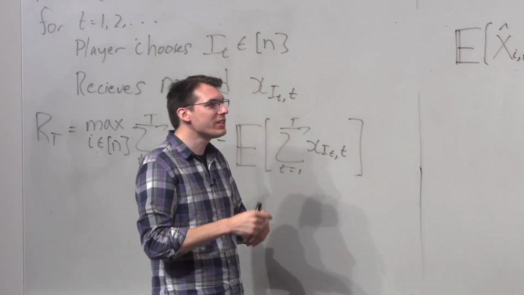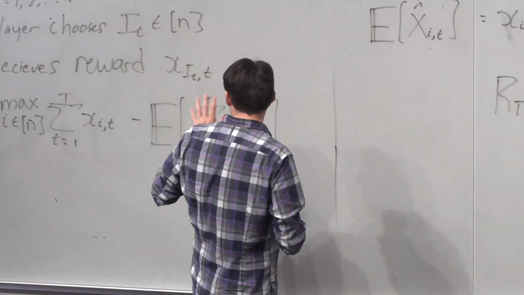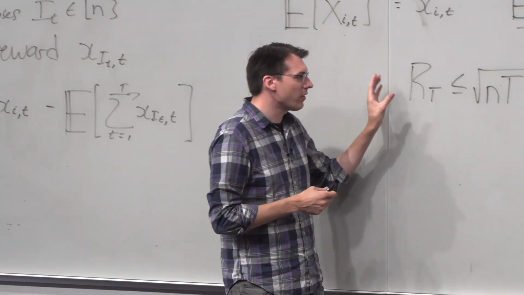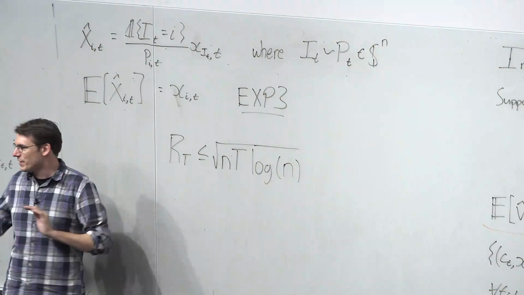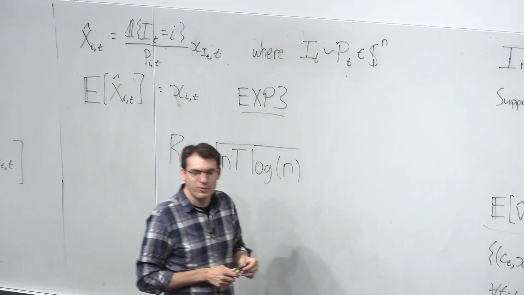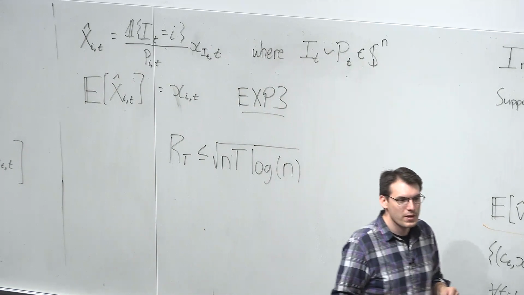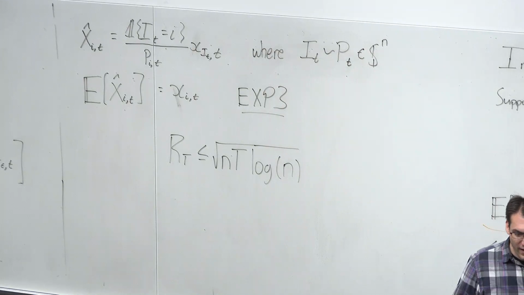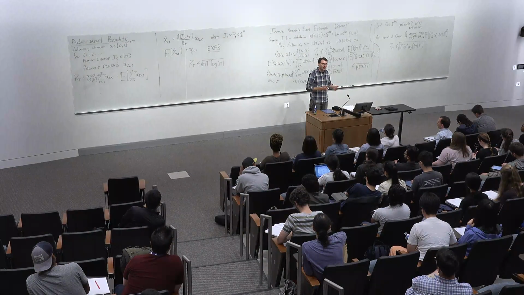And yet you can still, for an analogous form of the definition of regret, which no longer makes sense over there, get something that's still growing like square root of n T, which is truly remarkable. And with that, I hope you've enjoyed this introduction to bandits.